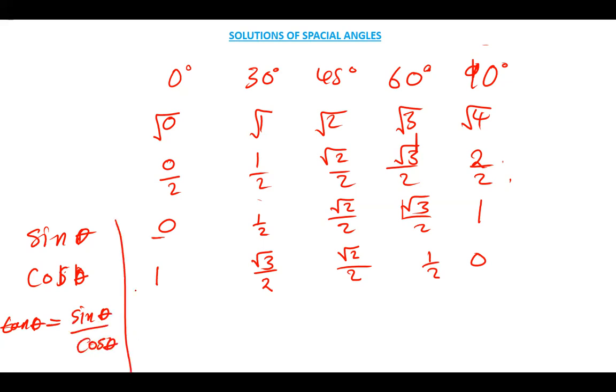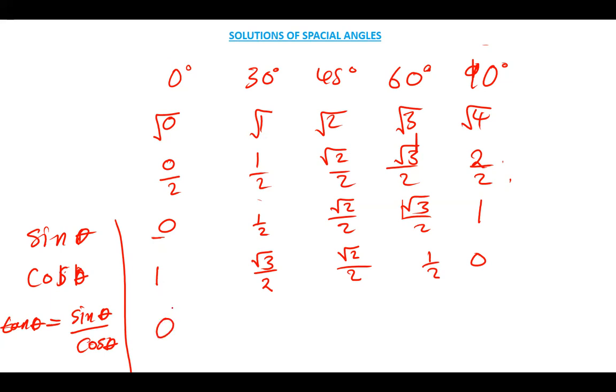So what is going to happen is that I'm going to be dividing these numbers. If I want to find tan 0, I'm just going to divide sine 0 over cos 0, which is just going to be 0 divided by 1. So 0 divided by 1, the answer will simply be 0.